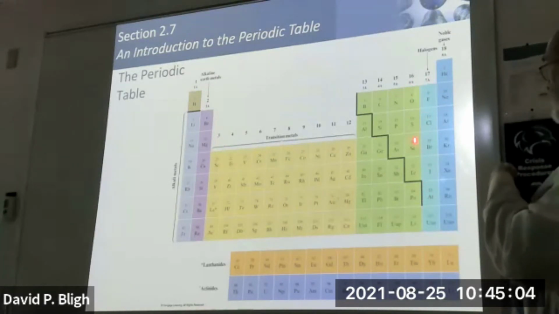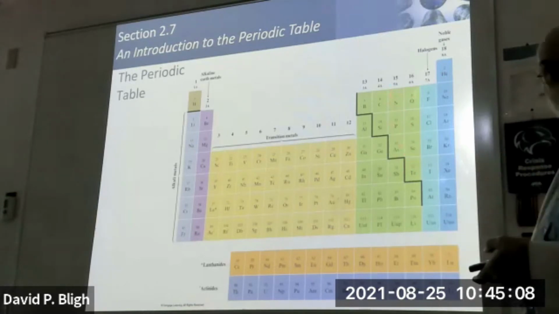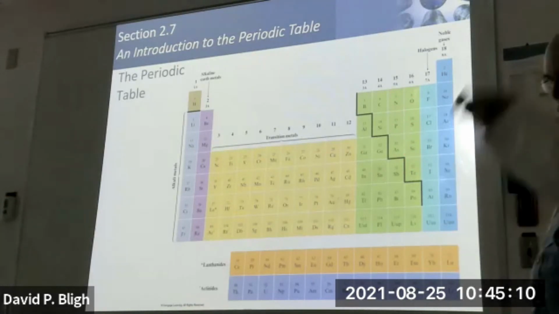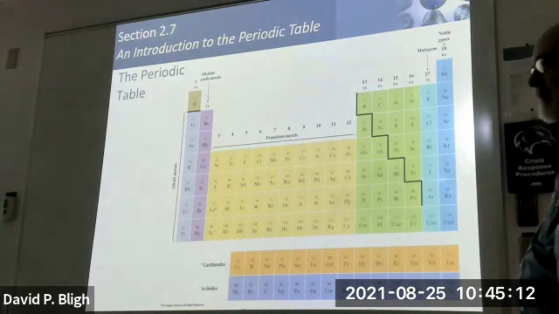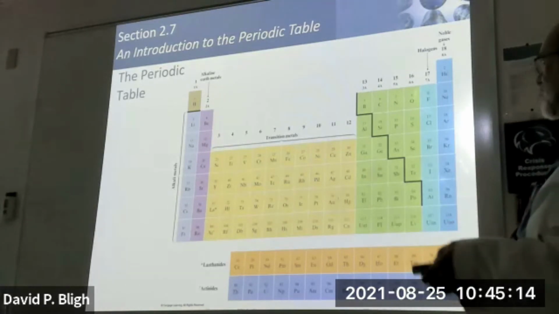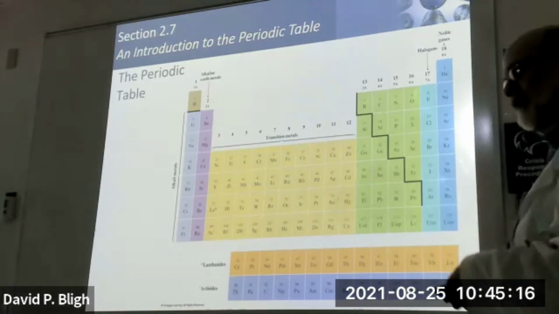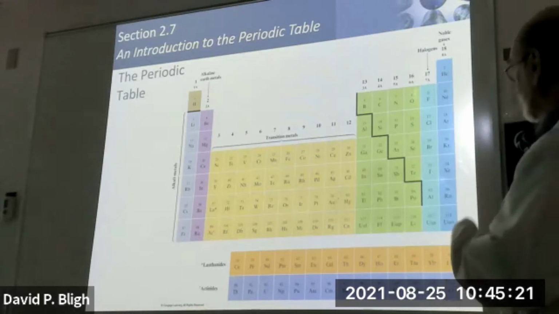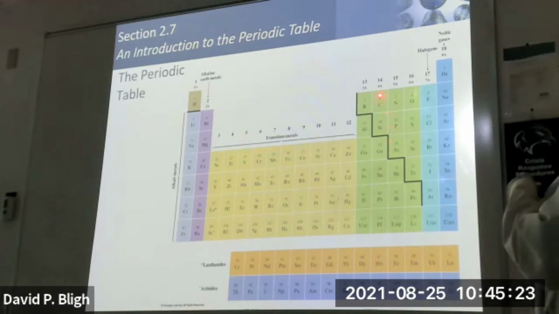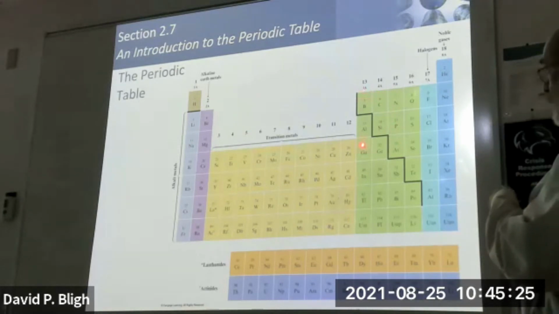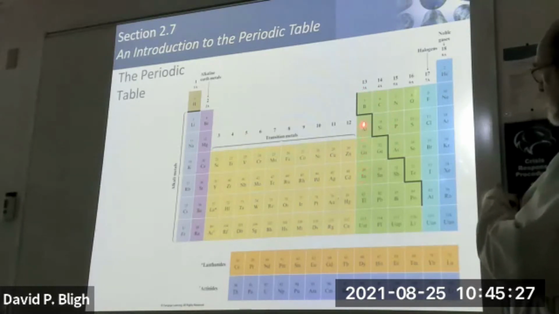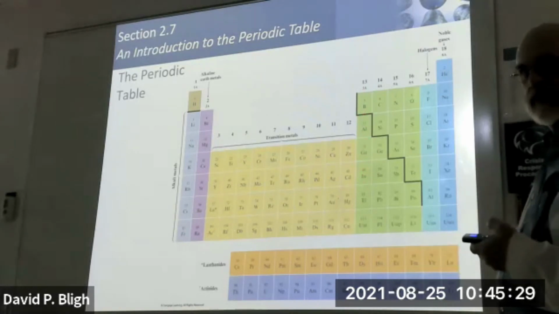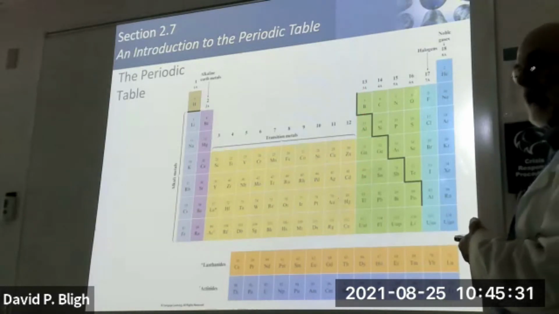These prefer -2 charge, the chalcogens. The pnictogens prefer +1 charge, +3 charge, -3 charge. Let me say that again. The pnictogens are -3 charge in ionic compounds. And then the boron group down to about indium, they always form +3 ions.